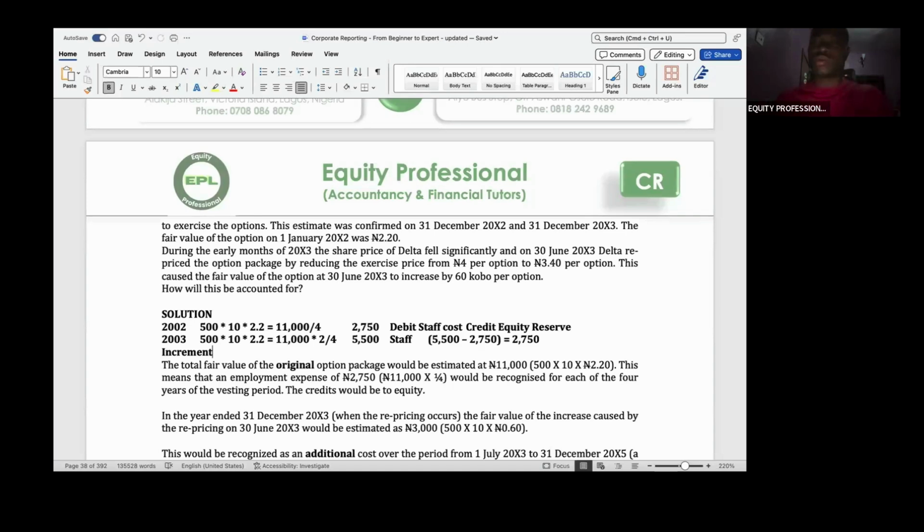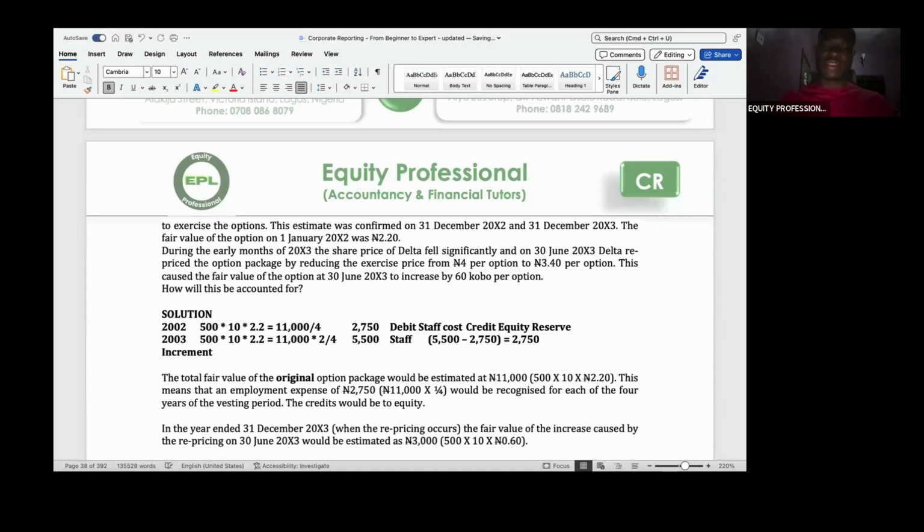Deal with that 60 kobo separately in such a way that you calculate additional expense in 2003, additional value, which is that 500 options times 10 employees. Now you're going to use times 60 kobo. You are doing it separately. Okay?